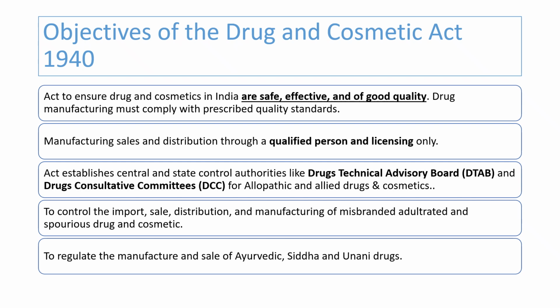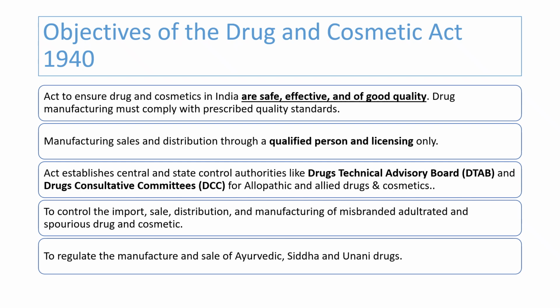They control the import, sale, distribution, and manufacturing of misbranded, adulterated, and spurious drugs and cosmetics. So, what is adulterated and spurious? All of these are bad quality drugs, we can say. This is the category in which we have included misbranded, spurious, and adulterated drugs.